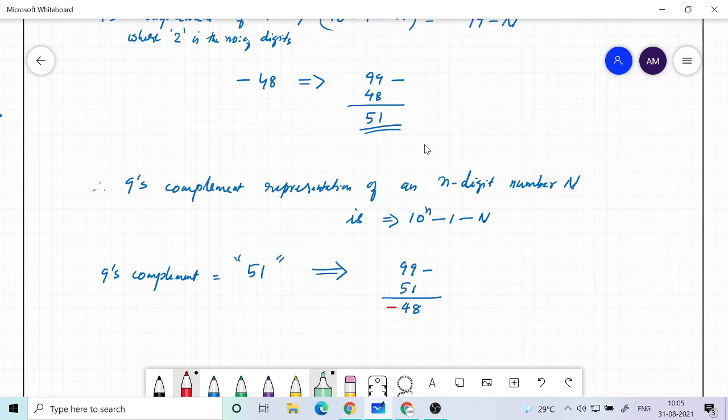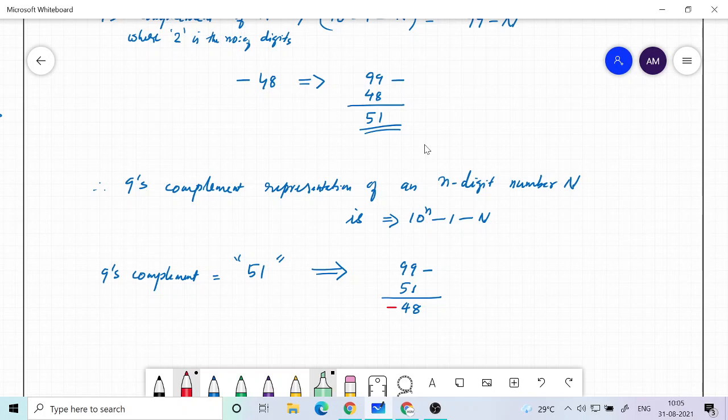So you take 9's complement one more time, you will get the magnitude in the sign magnitude form. Since it is a negative number, we put a minus sign, because you see that the number is above 49.